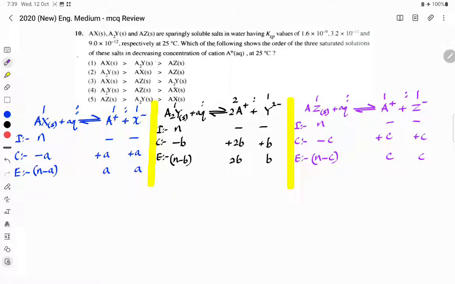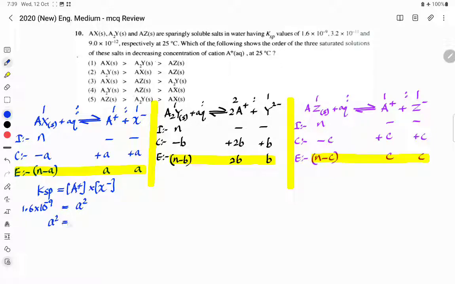Okay, now let's substitute these values into the Ksp expression. Ksp equals [A+][X-]. Now the Ksp value of this compound is 1.6 × 10^-9 equals the A+ concentration at equilibrium, which is simply a, and X- is also a, so we can write a squared.